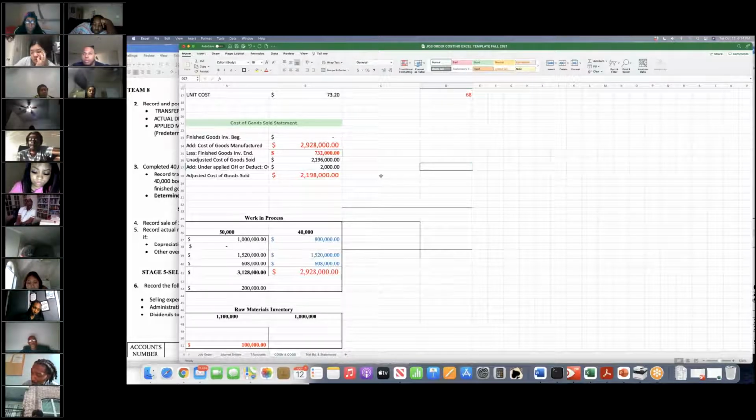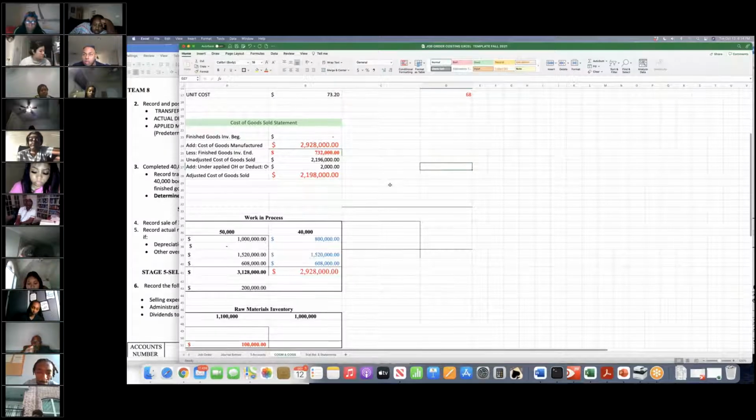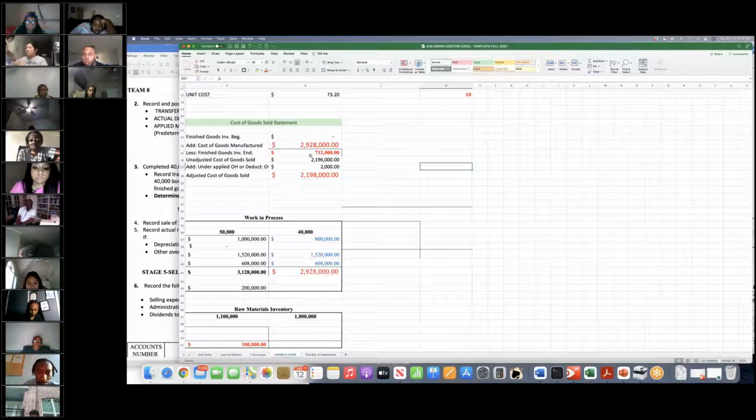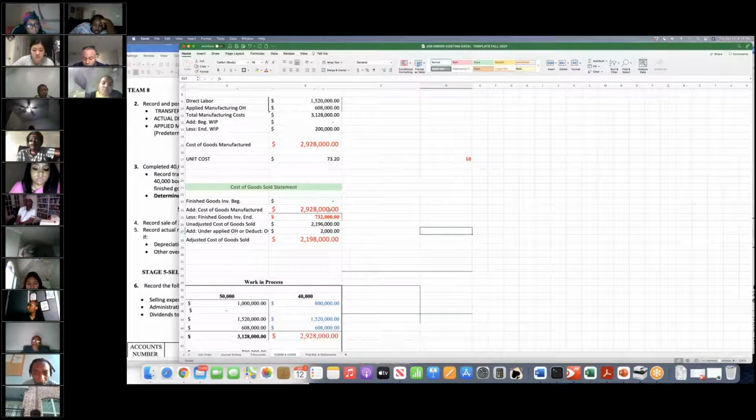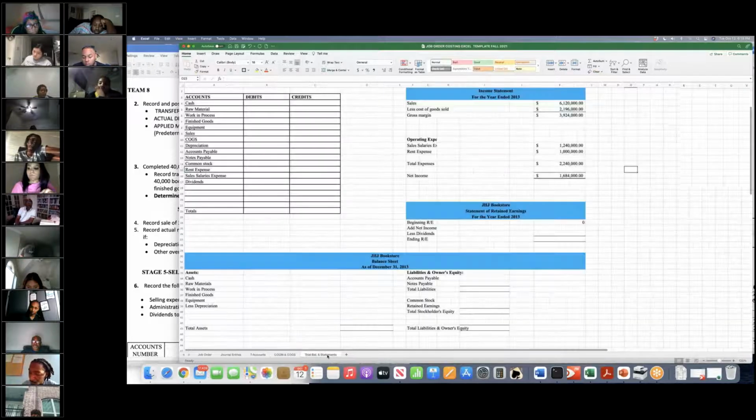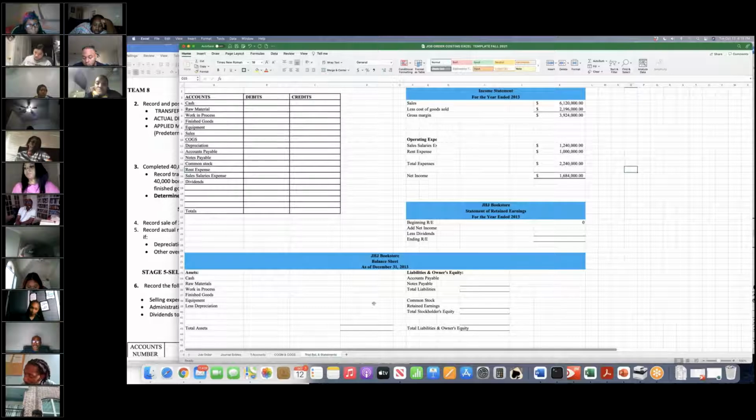So these statements are not that hard to do. But you need to know how much you made and the unit cost for it, and then you're selling. Then with that, we can do an income statement, statement of retained earnings, and on and on.